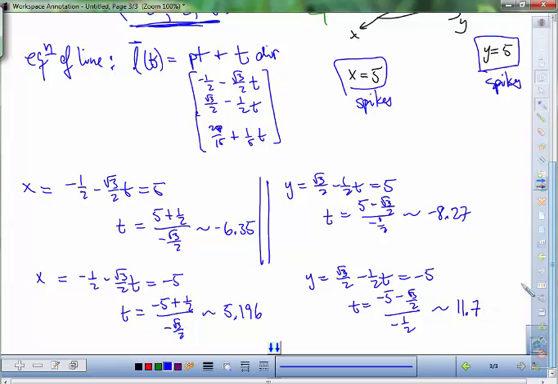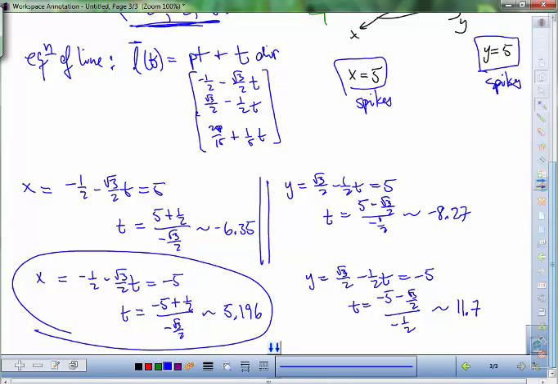So it looks like this graph will eventually hit the y equals -5 plane, but will hit it further out along the line. It'll hit the x equals -5 plane first before it hits the other one.